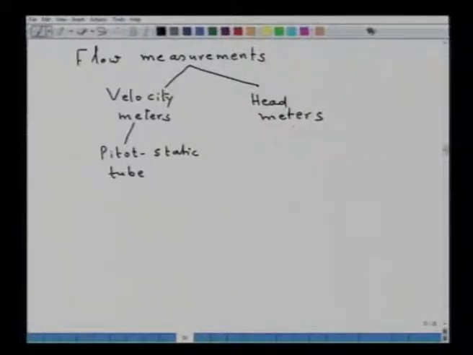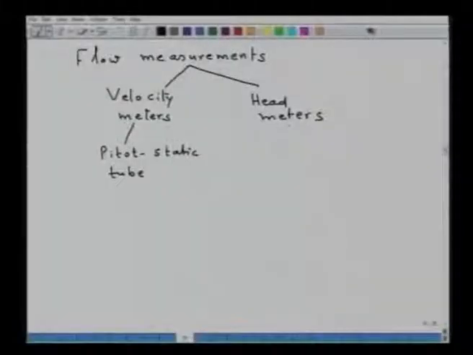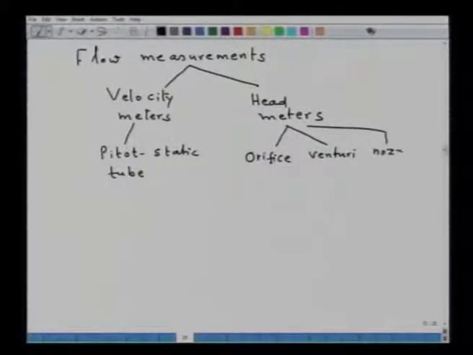Head meters measure the pressure differential across the flow, and they are orifice, venturi meter or venturi, and nozzles. Mind you, head meters are used to record the pressure differential during the flow. Velocity meters are used to measure the pressure, and from the pressure one can calculate the velocity.